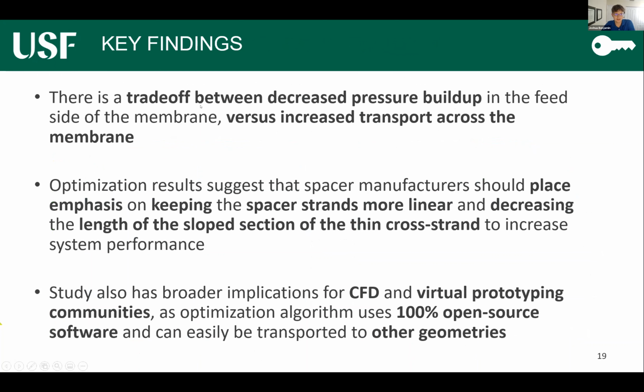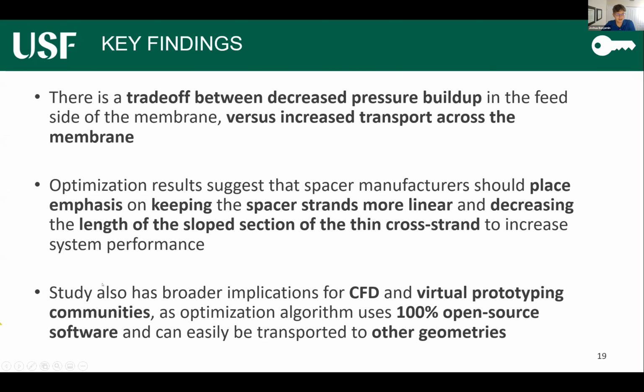This goes to the key findings, where we identified that there was a trade-off between decreased pressure buildup in the feed side versus increased transport across the membrane. We also found that optimization results suggest that spacer manufacturers should place emphasis on keeping the spacer strands more linear and decreasing the length of the slope section of the thin strand to increase the system performance.